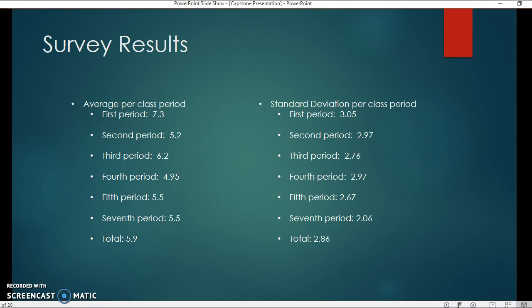The next thing I compared with the survey results was the standard deviation and their class period average. In first period, there was more variability in their responses. It does not surprise me because in this class, their ability varies greatly.